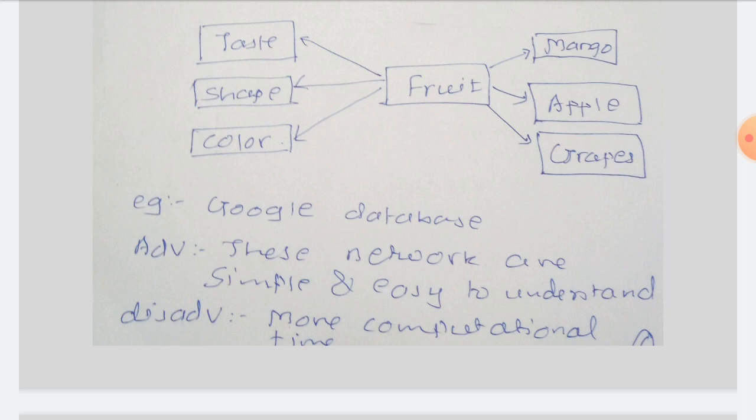These networks consist of nodes representing objects and arcs which describe the relationship between the objects. The advantage of this kind of representation is that these networks are simple and easy to understand. But the disadvantage is that it takes more computational time at runtime.